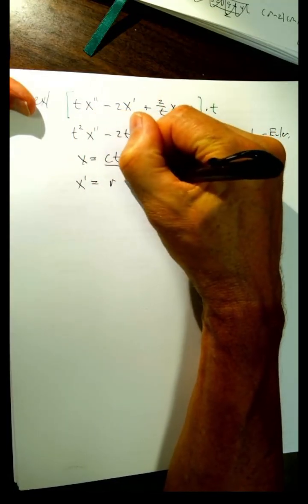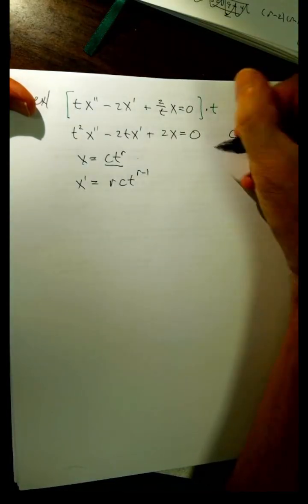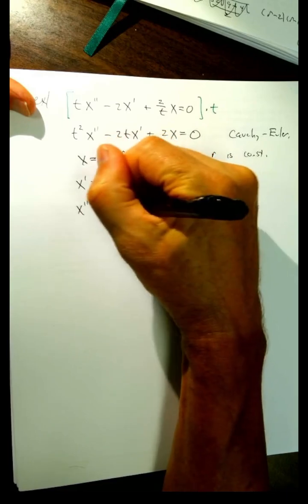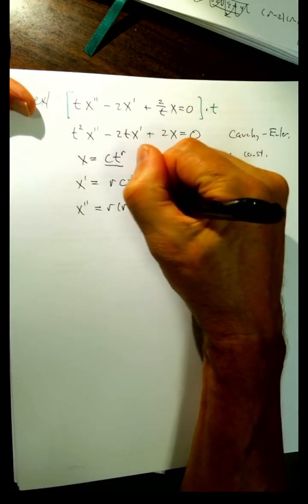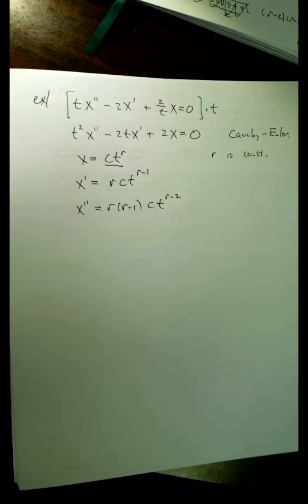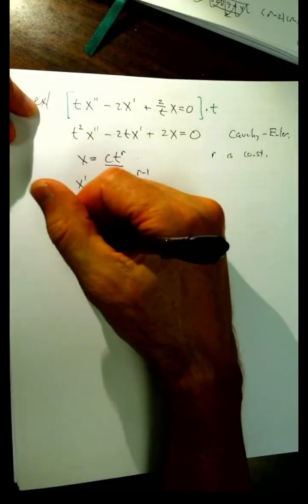So the derivative of this is going to be r times c t to the r minus 1. So we're assuming r is a constant. And now when I take a second derivative, I bring the r minus 1 down, and then reduce r minus 1 to r minus 2. These are the functions I'm going to plug back into my original equation.